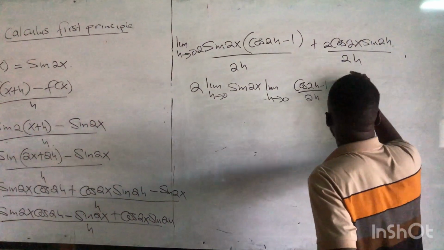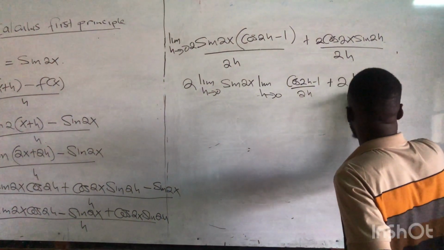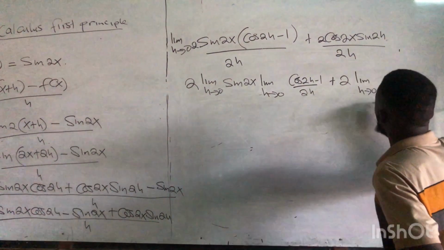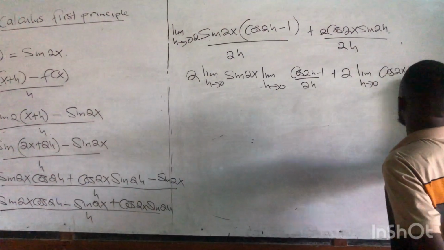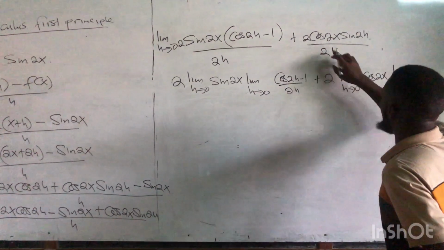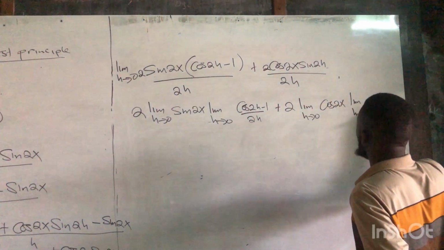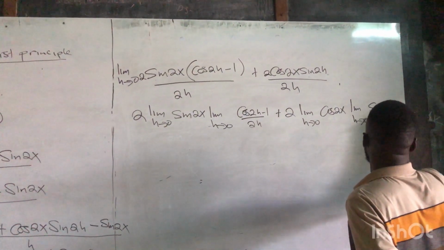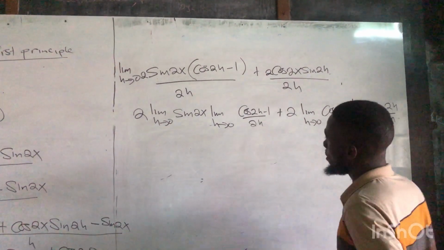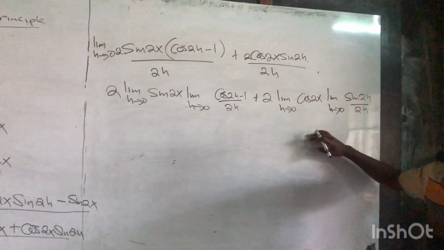Plus, again here we can put the 2 outside: limit as h is approaching 0, cos 2x. Again, limit as h is approaching 0, I remain with sine 2h over 2h. So we have an identity here. So our main goal here is to make the identity.